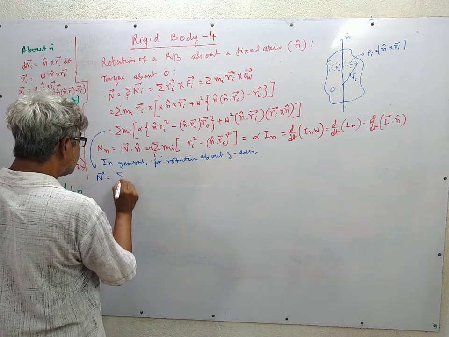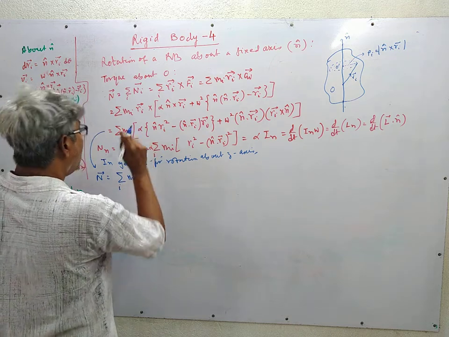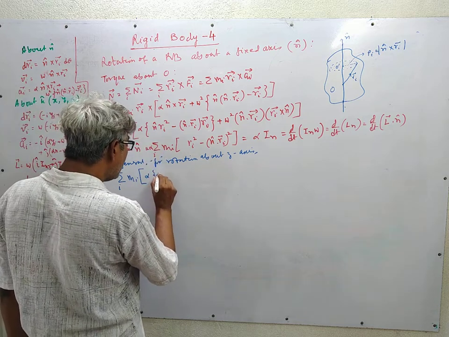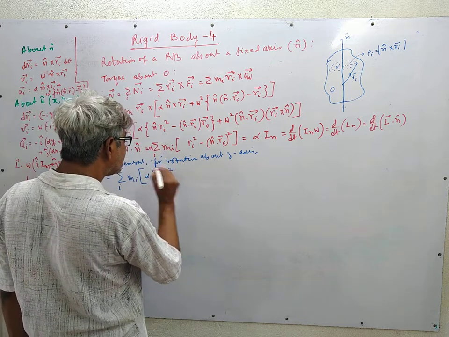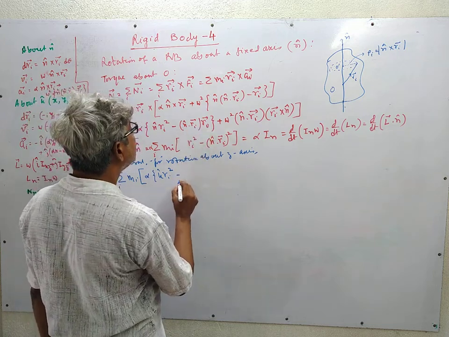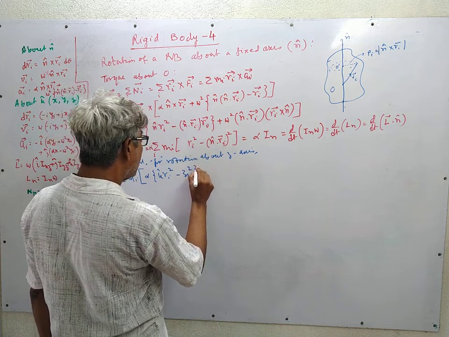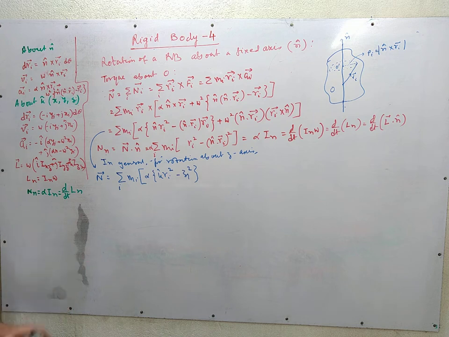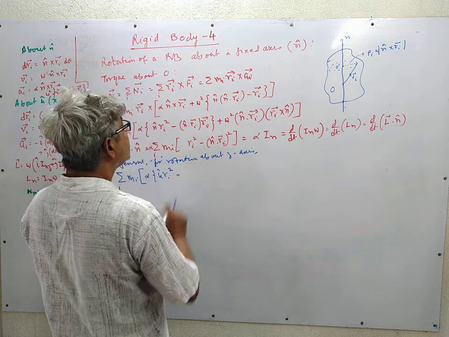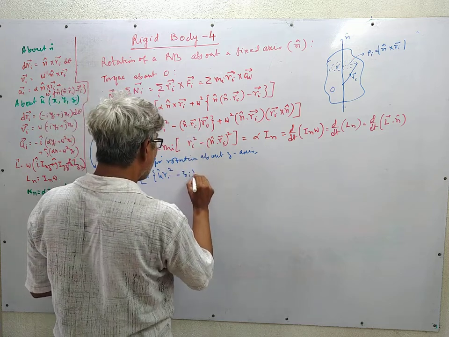So this is the summation over i, m_i, alpha taken common, k cap r_i square minus z_i square, because we are considering the rotation, this part is z_i and this is r.